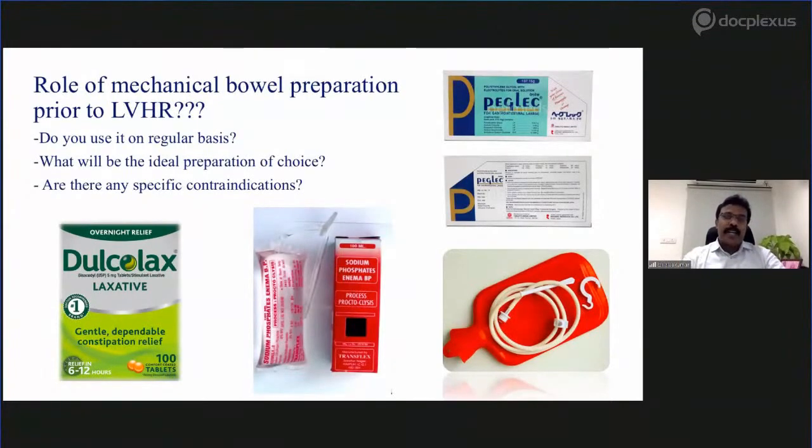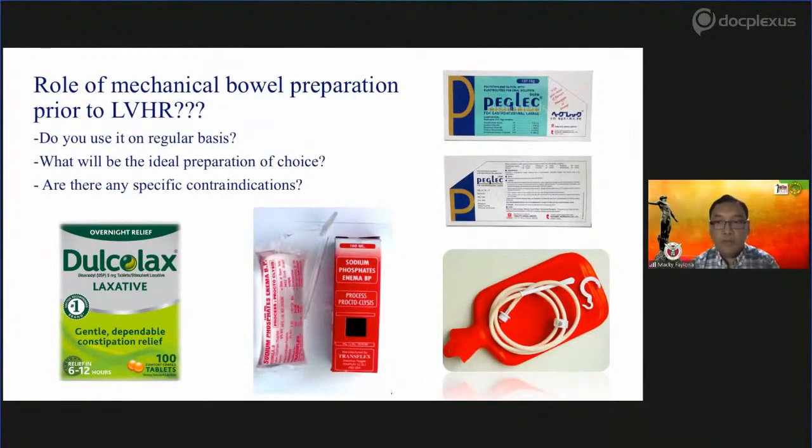What is the role of mechanical bowel preparation prior to LVHR? Do you use it on a regular basis, or do you have any ideal preparation of choice or any specific contraindication for the preparation? I only use it if I'm doing complex ventral hernias. For simple hernias, I don't necessarily do mechanical bowel preparation.